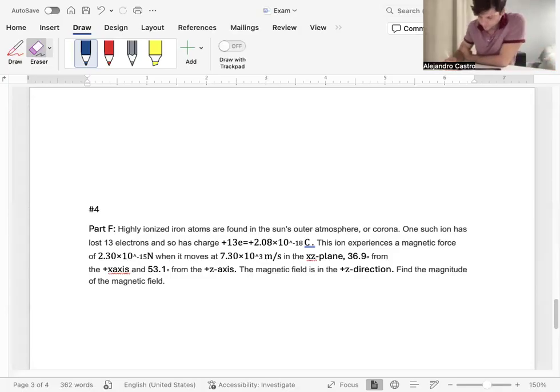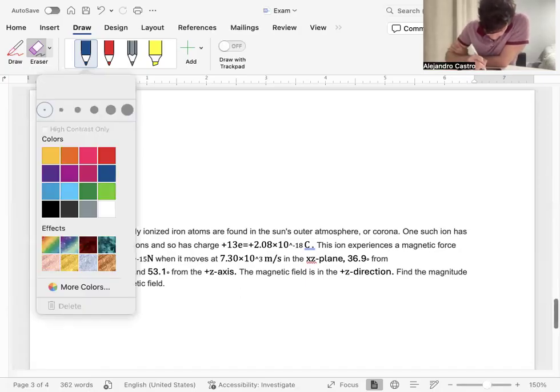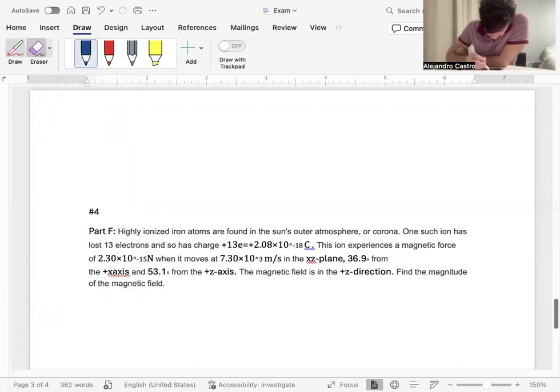Okay, this one. We need to find the magnitude of the magnetic field. That will be B. Let's see what is given to us.